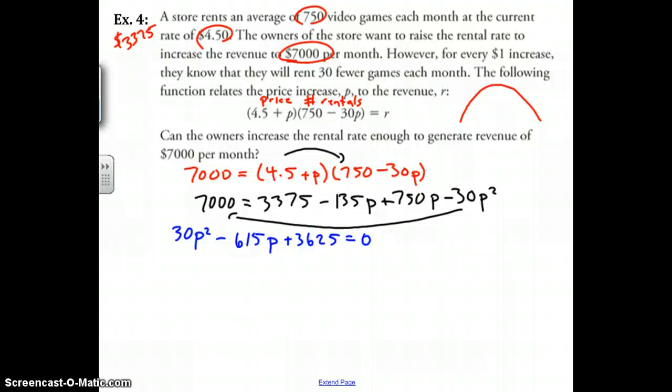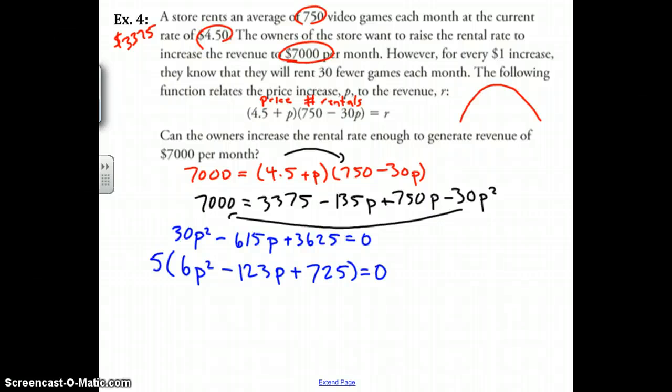We could do a little bit of factoring. We might notice that these are all divisible by 5, so we can take out a GCF of 5. So we get 5 brackets 6p squared minus 615 divided by 5, which is 123p, and then plus 3,625 divided by 5, oh sorry, 725, equals 0.